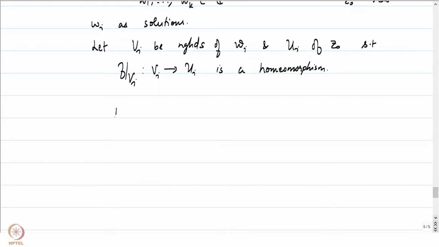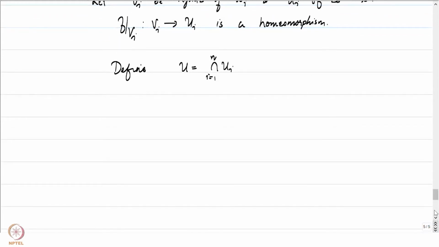And what we will do is define U to be equal to the intersection of the Ui's from 1 to n. The fact that there are finitely many helps us. We now have U, which is a neighborhood of z0, and define Vi prime maybe as f inverse of U intersected with Vi.